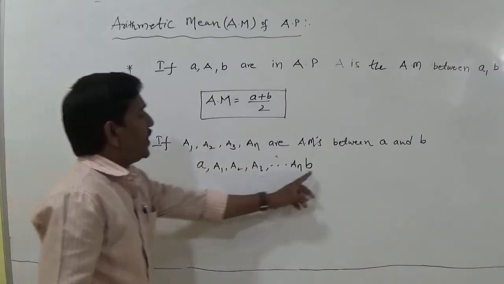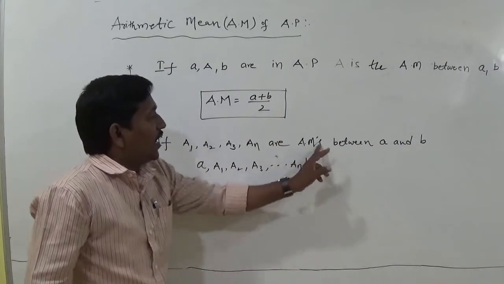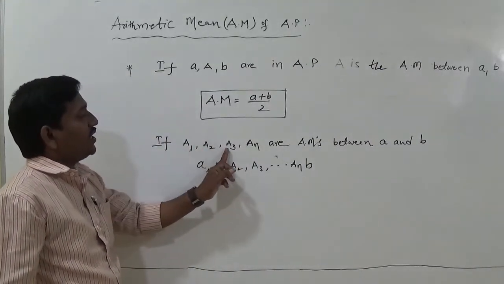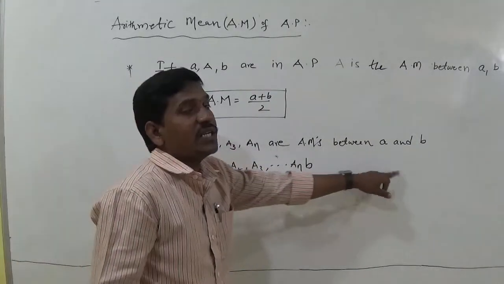Between a and b there are A1, A2, A3, and so on, An arithmetic means.